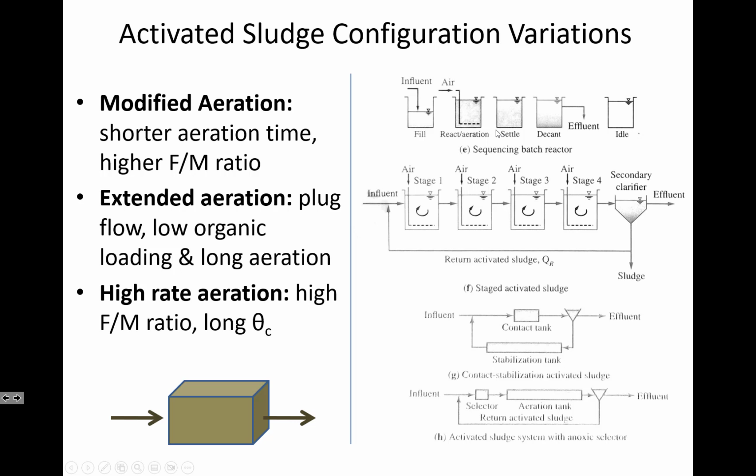At any given time, one of the tanks is filling, one of the tanks is having a reaction period where you're supplying air and the BOD is decreasing, and then another one of the tanks at this particular time is going through a period where they've stopped aerating it and it's settling, the sludge is settling down to the bottom, and then another period where you're decanting it, meaning that you're taking the water off the top of the settling basin and simultaneously removing the sludge off the bottom.